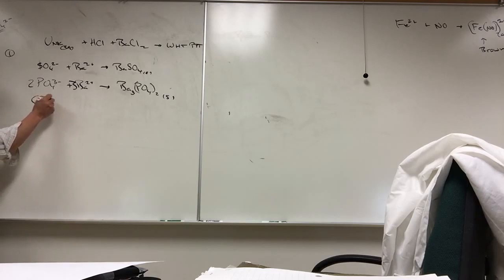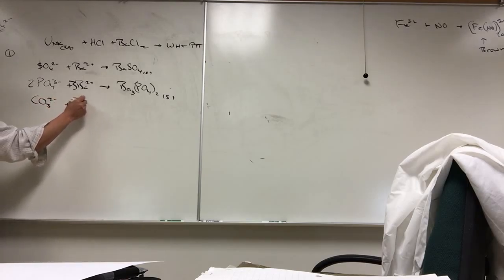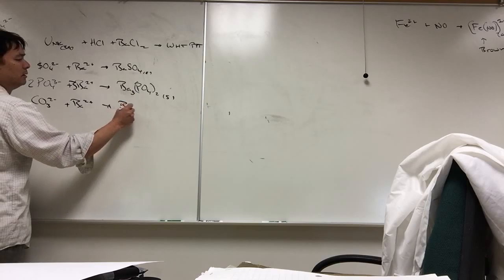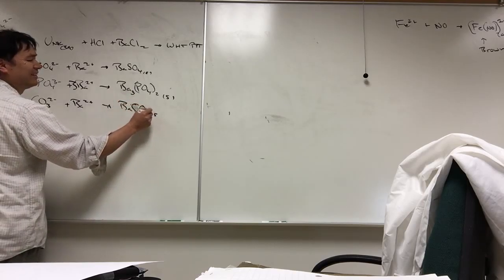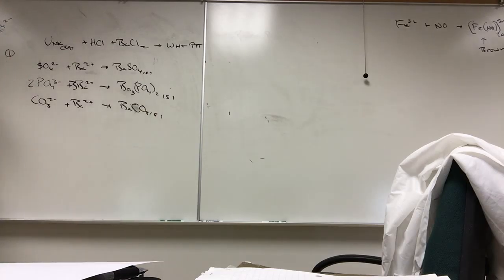Carbonate is an interfering ion because barium carbonate looks just like barium sulfate. It's hard to tell the difference. Any other interfering ions, etc.